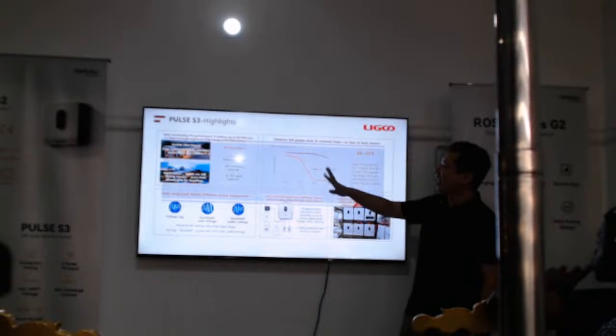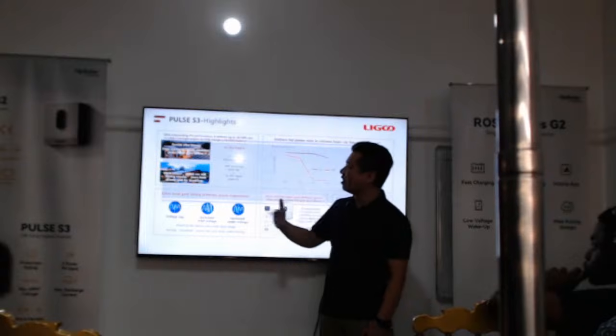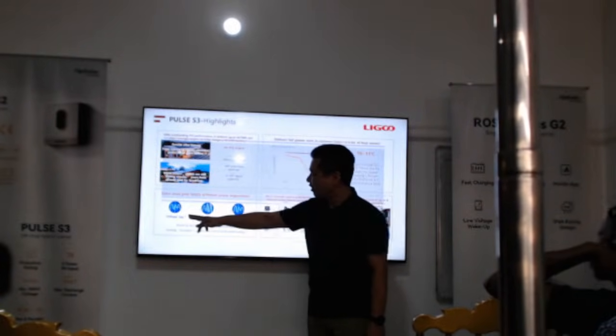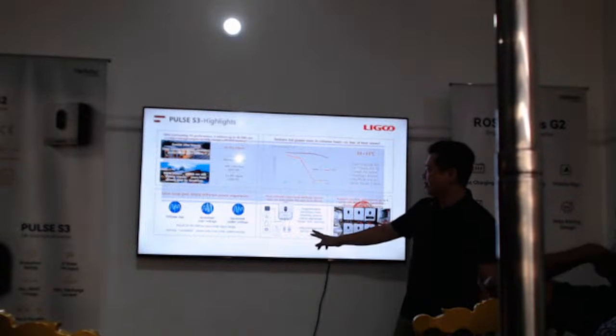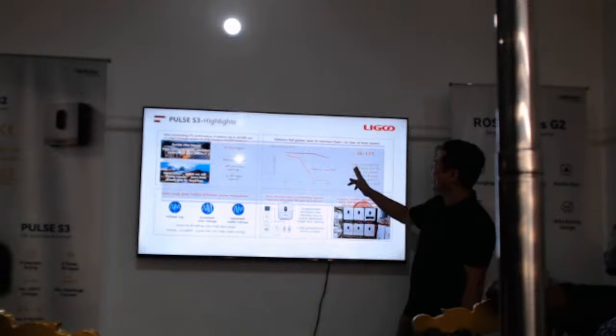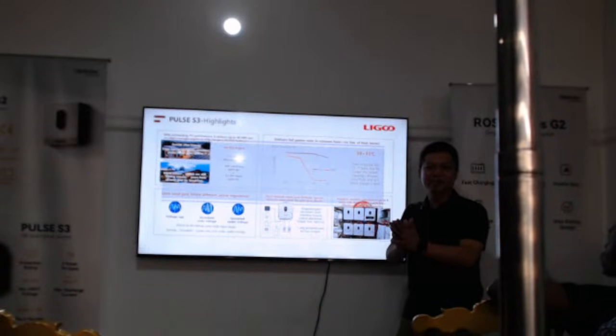This is the S3 highline performance. It means the bigger PV and also the charging wattage, and also has the smart load function, also the power rate, and in high temperature, the performance is good.